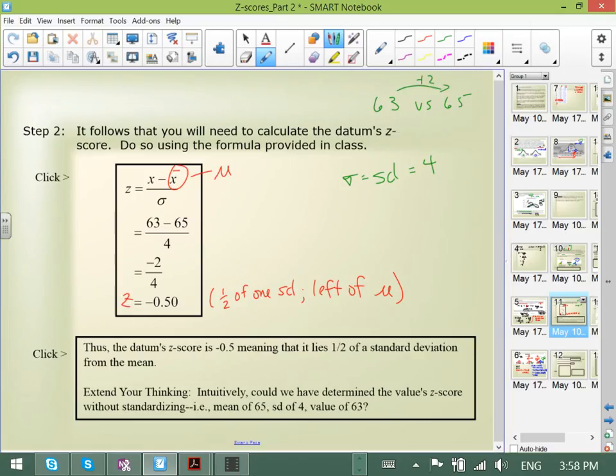So that 2, how can we arrive at that? Well, that would be 1/2 of a standard deviation. So 1/2 of an SD is 2 units. So that 2 units is what we need in order to get ourselves from 63 to 65. So intuitively, we could figure it out that way as well. More than one way to get at things.